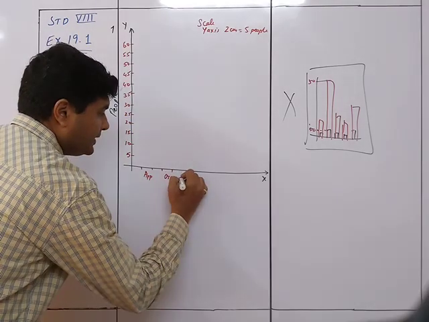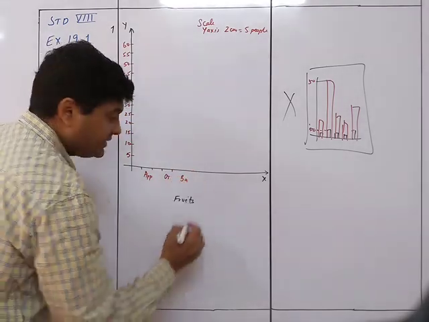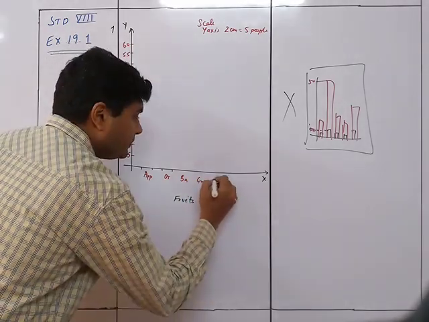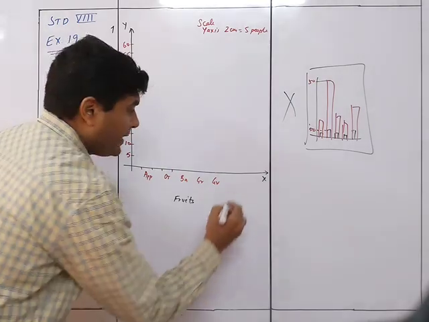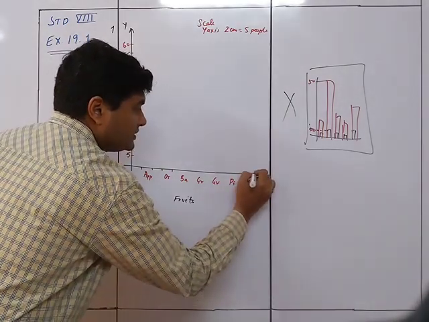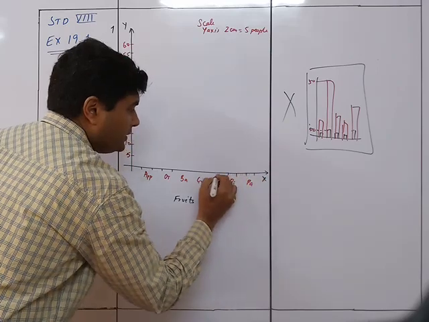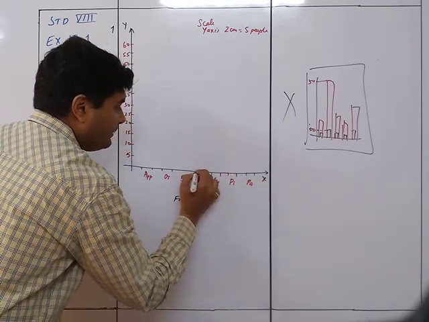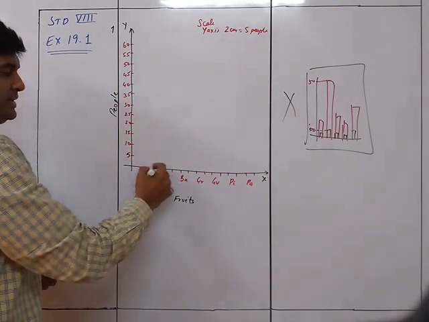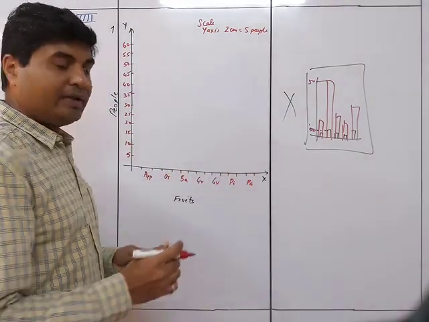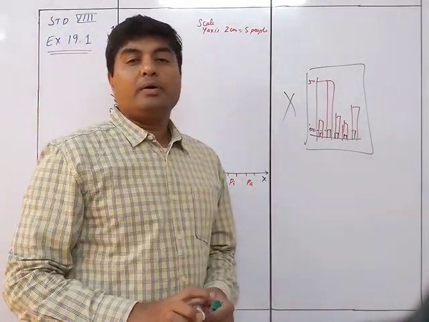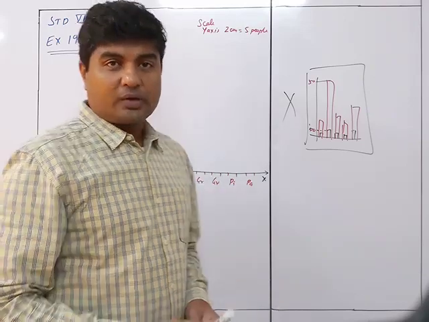Then it is banana. Then it is grapes, then guava, then pineapple, and finally it is papaya. So accordingly you have got these kinds of markings, so you know that the rectangle, or the building, is going to come that way.